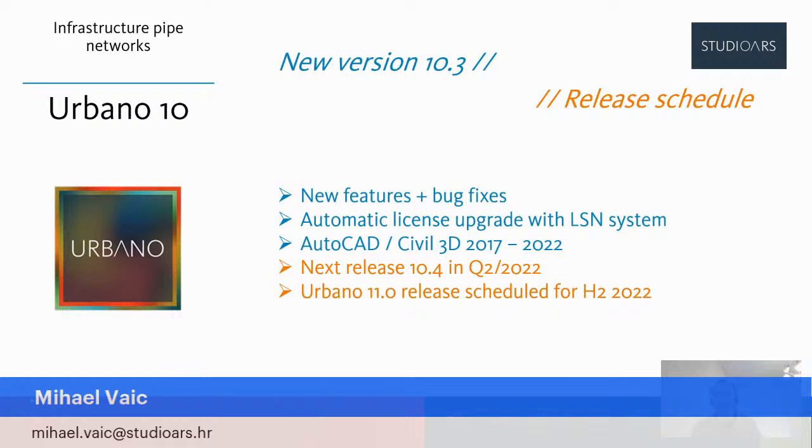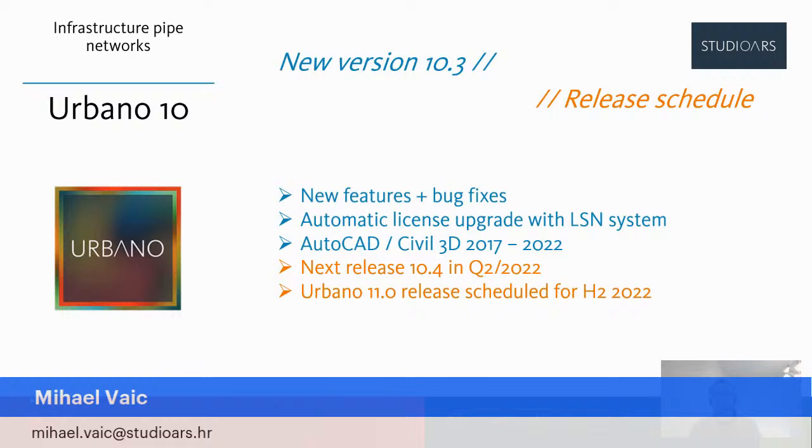So we are expecting to support the new 2023 platform, and it remains to be seen if we will continue to support 2017. So best just keep an eye on all our news and get in touch with us if in any doubt, and we'll let you know.